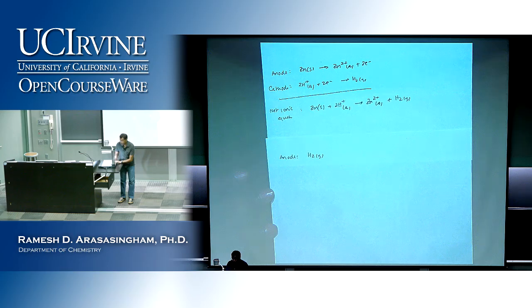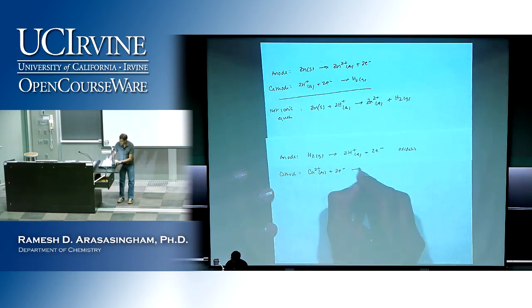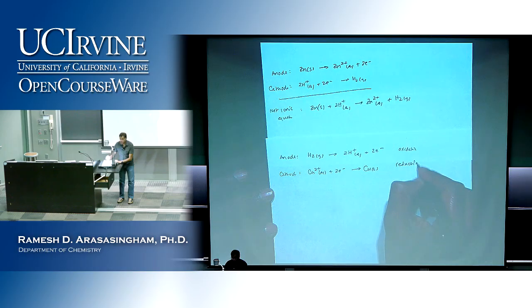If the hydrogen electrode is the anode, you're going to have hydrogen giving you 2H+ aqueous plus 2 electrons. This would be the oxidation. At the cathode, you would have Cu2+ aqueous pick up the 2 electrons to give you copper solid. So this is the reduction.